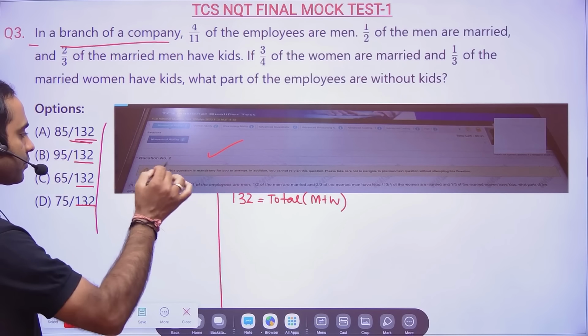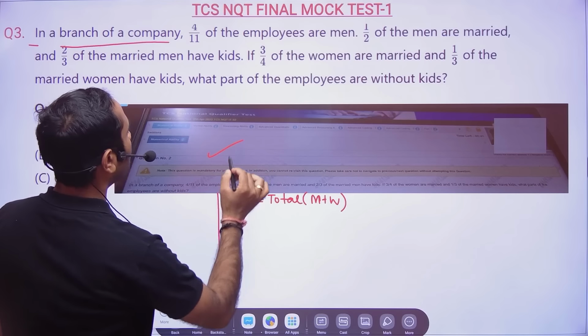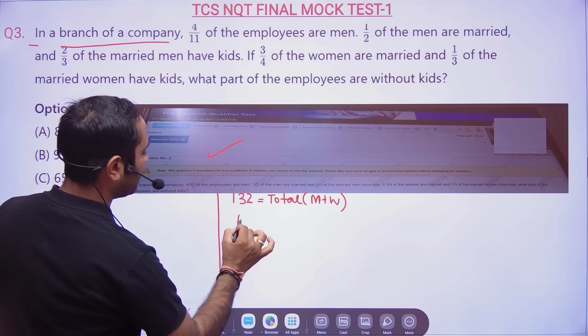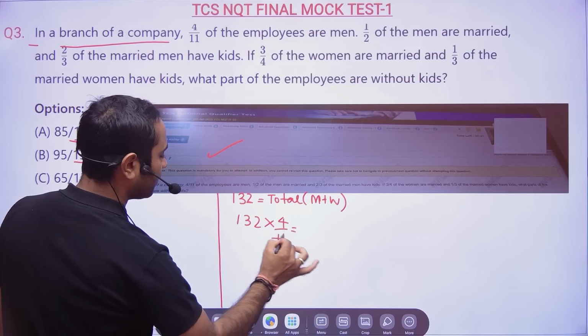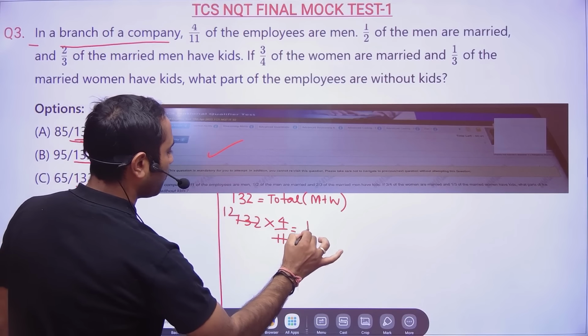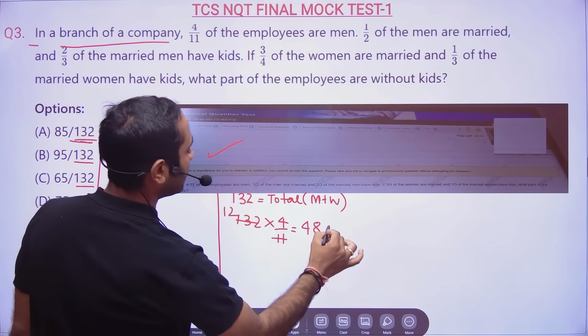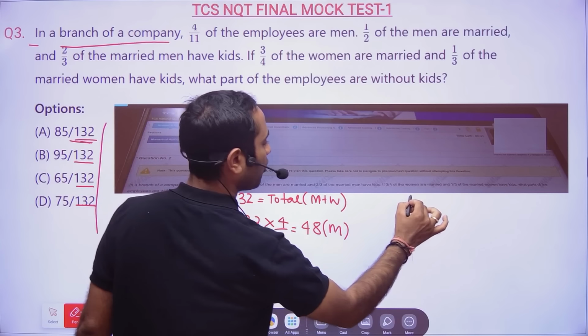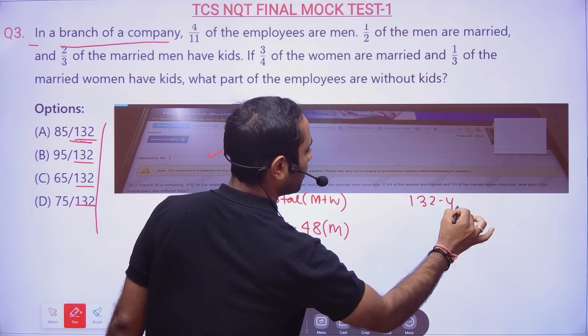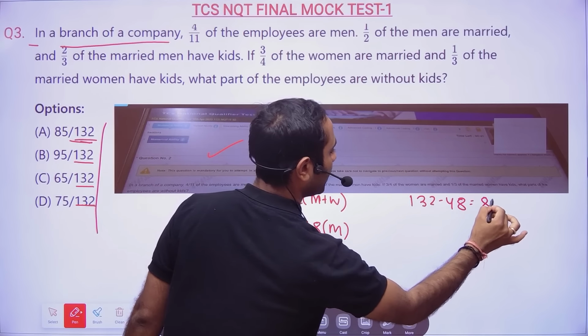Now, 4 by 11th of the employees are men. So I calculated 4 by 11: this will go 12 times, and 12 into 4 is 48. So the total number of men is 48. What will be women? 130 minus 48 is equal to 84.